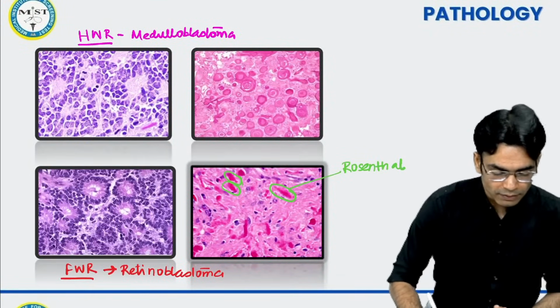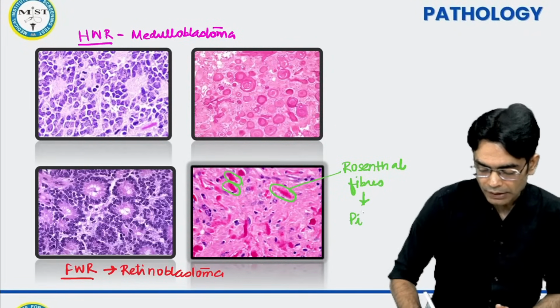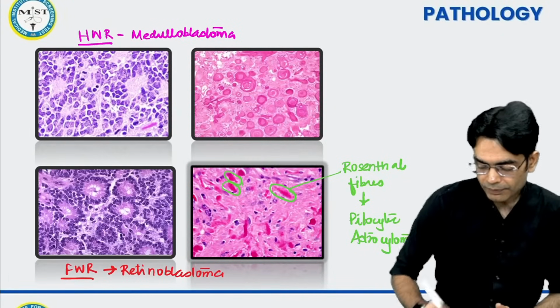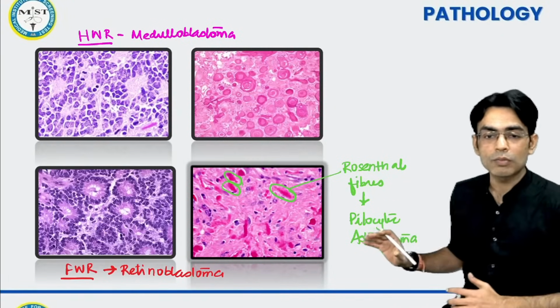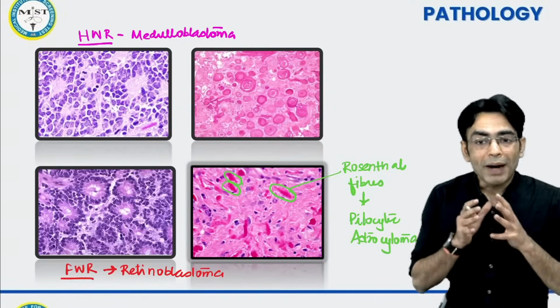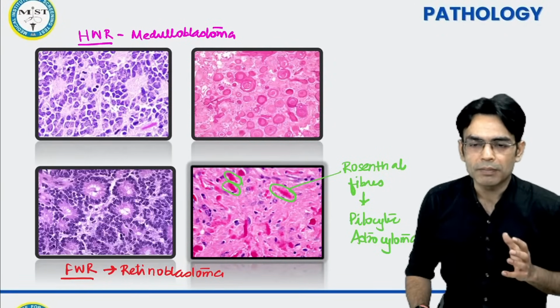And these are seen with pilocytic astrocytoma. ठीक है, तो पाइलोसिटिक एस्ट्रोसाइटोमा के साथ आपको ये रोजेंथल फाइबर्स मिलेंगे. These are the biopsy findings. Just by the biopsy finding, you'd be able to understand कि ट्यूमर क्या पूछा गया है यहाँ पे.